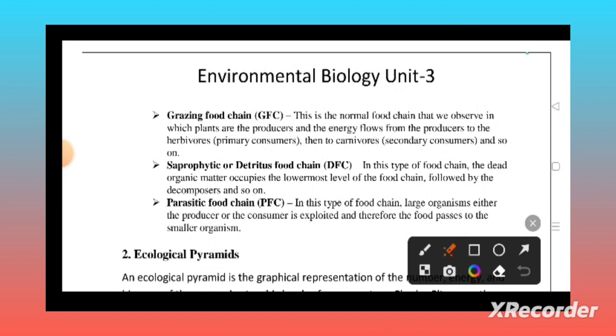A lot of parasites feed on that body, multiply in number, and live in the body of the organism. There is no sudden death of the organism, but slowly it takes time to affect the organism. This is known as the parasitic food chain, and this is today's session. We will see more in the further classes.